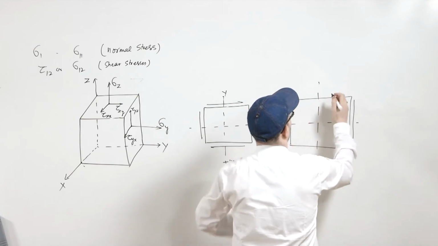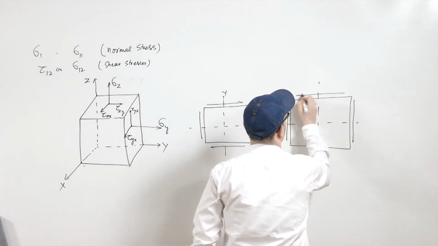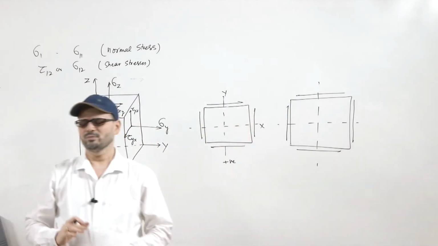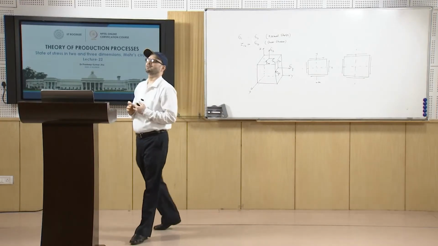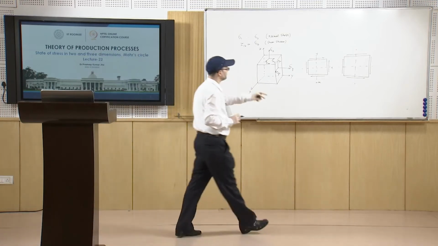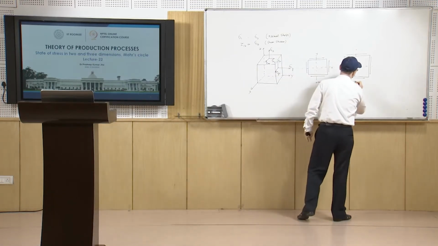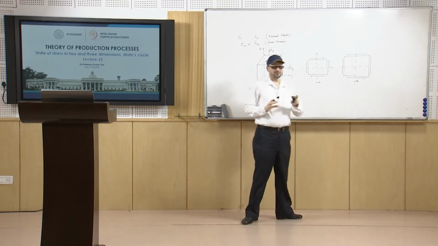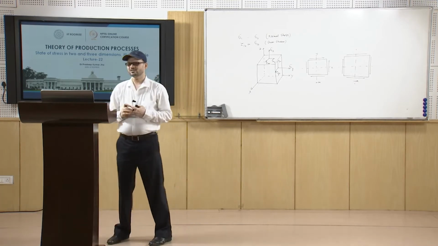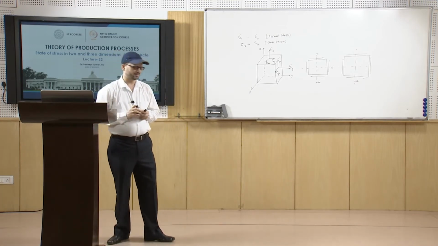Similarly, on the positive side you have a negative and this is positive. So, these are the conventions, this is positive and this is negative. This way shear stress and normal stresses, their values are taken as positive or negative.